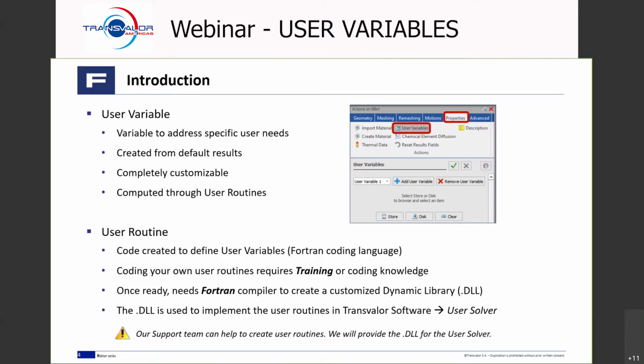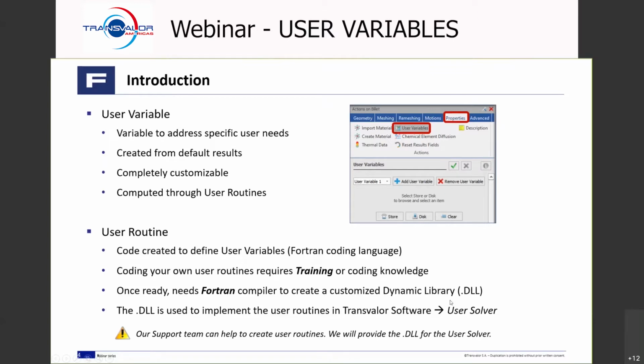I'm not going to have time to get into details on how to develop your own user routines. But it's important that you understand that the user routine is the additional code that we're going to add to the default code in the solver to specify what we want to do with our user variables. Once we have prepared our user routine, we will need a Fortran compiler to create a customized dynamic library.